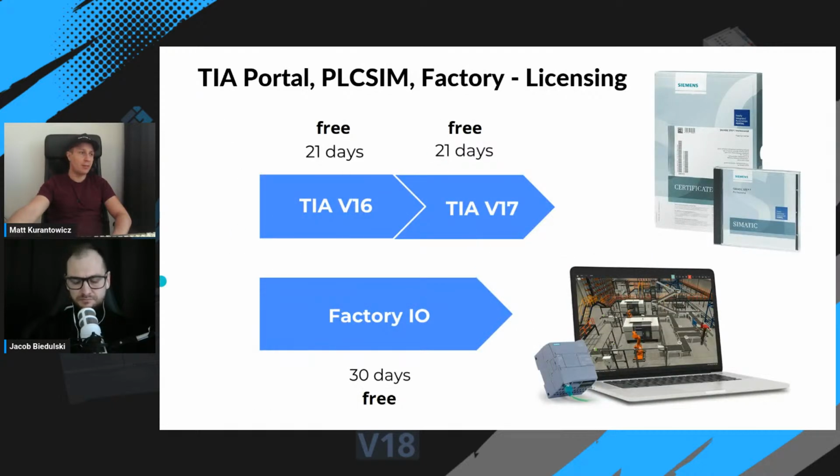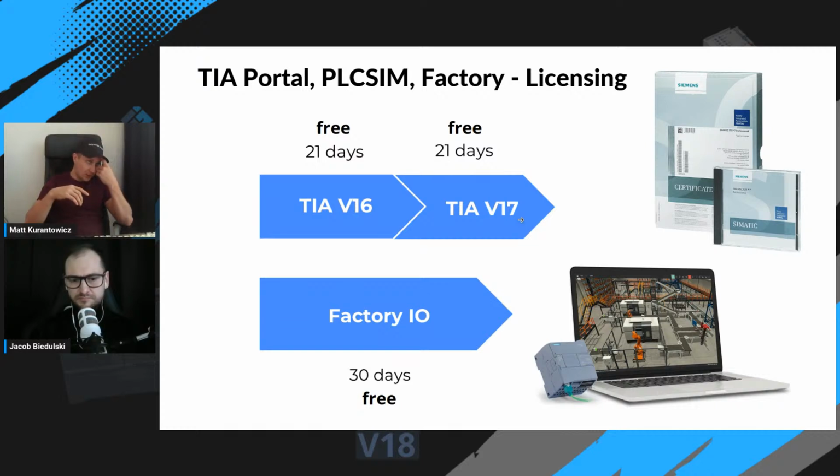So here we have the slide about licensing. Look at that. You have a free 21 days, TIA version 16. Next, we have a free 21 days, TIA version 17. Next, we have versions 18, 19, and 20.